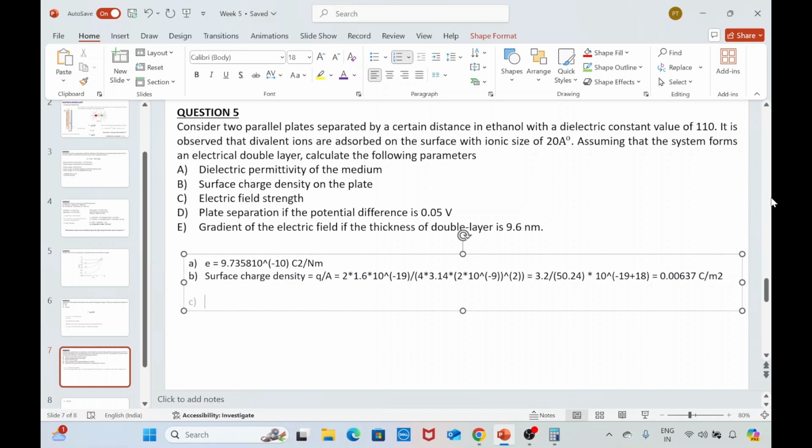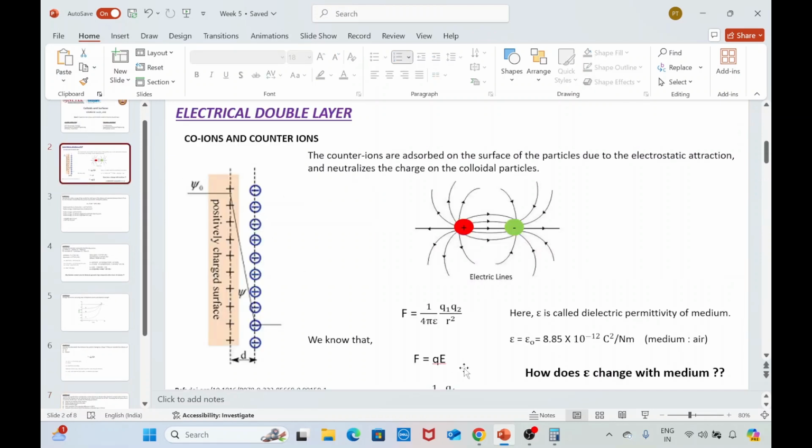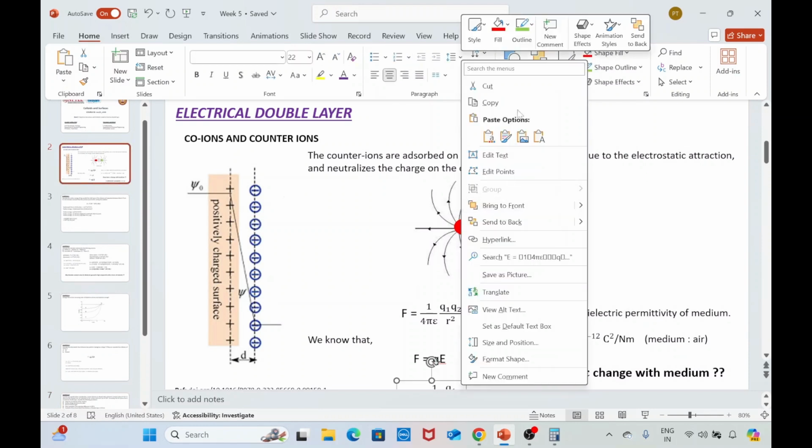Now we need to calculate the electric field strength or electric field, that is your E. So this is nothing but 1 by 4 pi epsilon times Q by R square. So let me just take this expression from here.